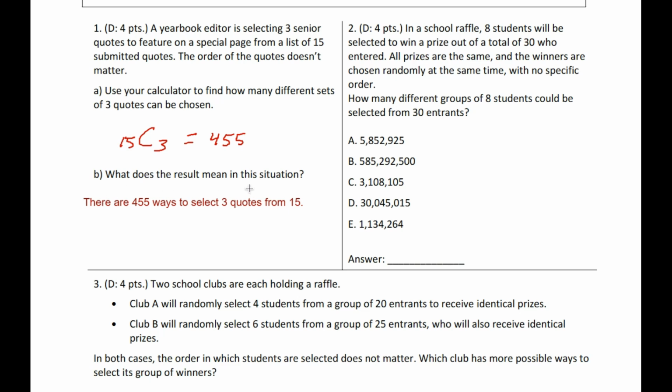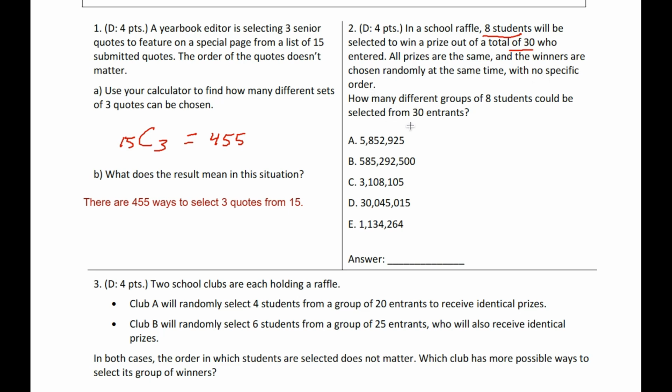It says, what does the result mean in this situation? It means that there are 455 ways to select 3 quotes from 15 quotes. All right, and the next one. In a high school raffle, 8 students will be selected to win a prize out of a total of 30 who are entered. All the prizes are the same, and the winners are chosen randomly at the same time with no specific order.